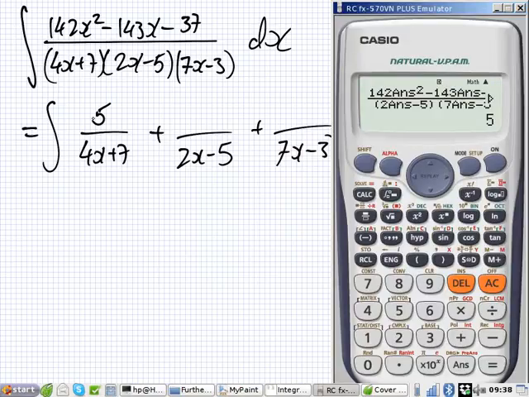Now what do I use for the second one? If I just type in 5 over 2 equals, and then just go back, the only thing I have to change now is this one will be 4 answer plus 7.